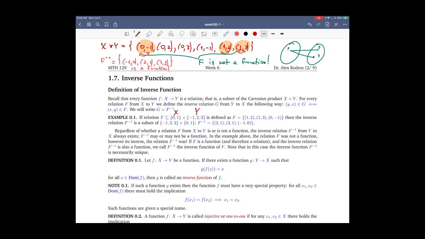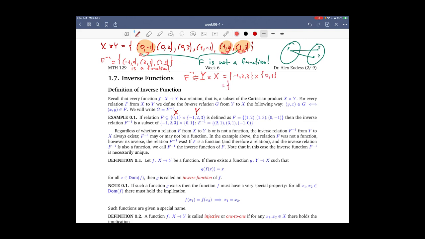In any case, f inverse is a relation. And note, by the way, that f to the negative 1 is a subset of y times x, where again y is {-1, 2, 3} and x is {0, 1}.